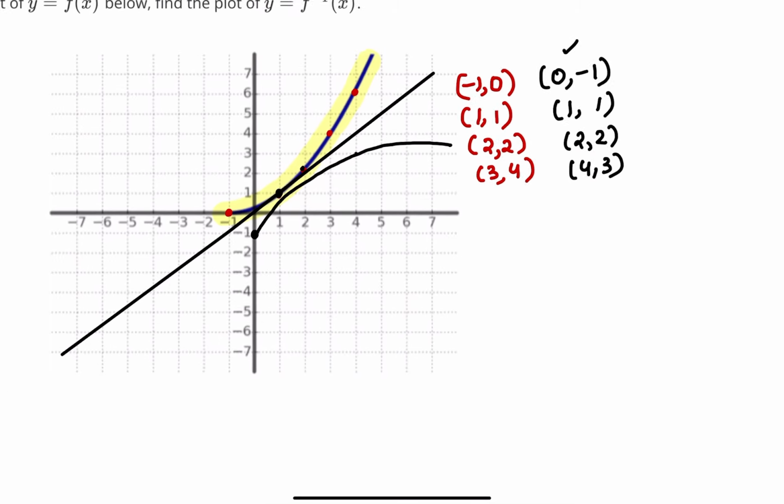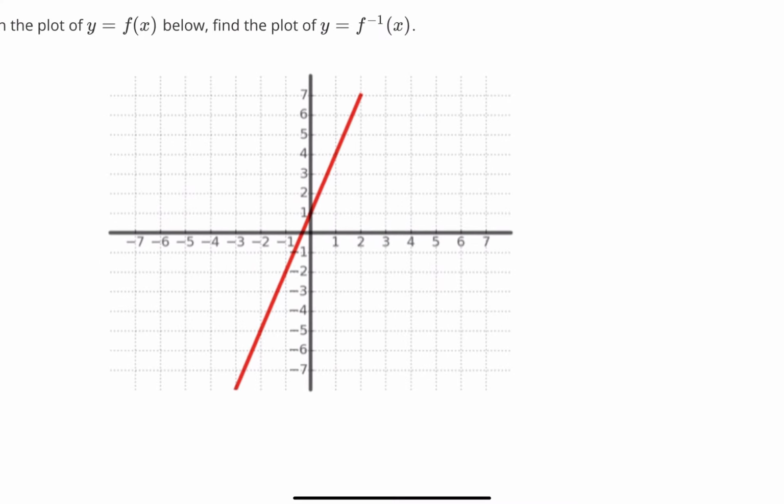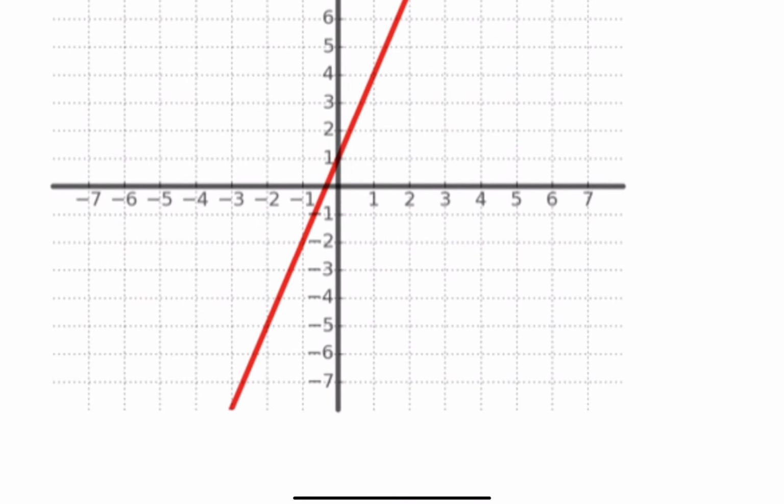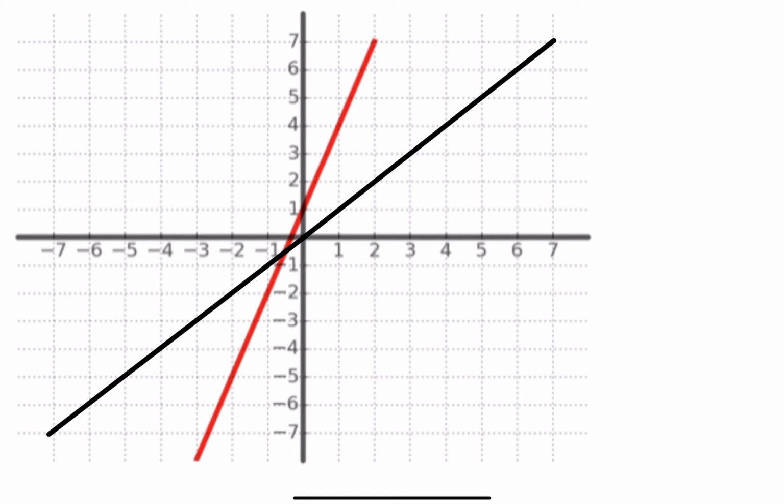All right, now let's go ahead and take a look at the other one. Here is my graph. Again, I like to draw the line 1 1, 2 2, 3 3, 4 4, 5 5, 6 6. And what am I doing? I'm flipping this line along this y is equal to x.